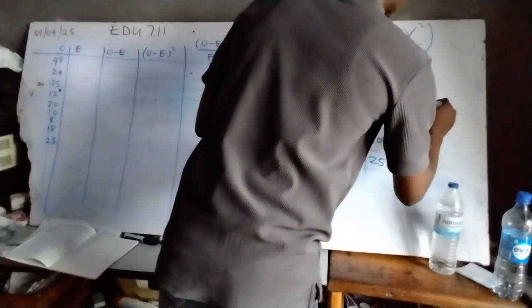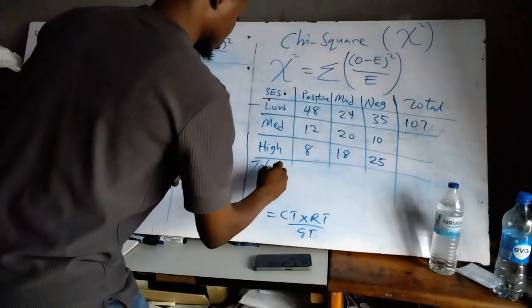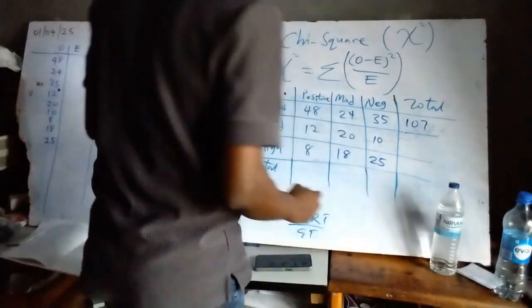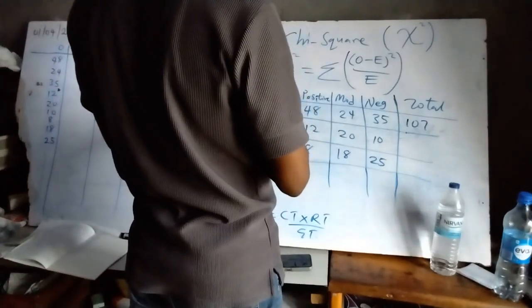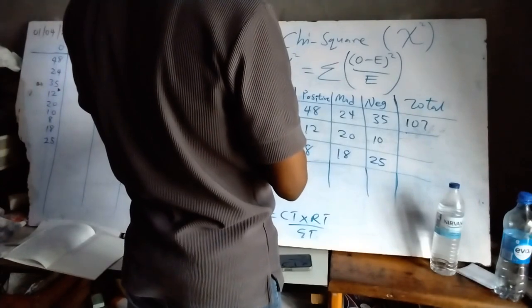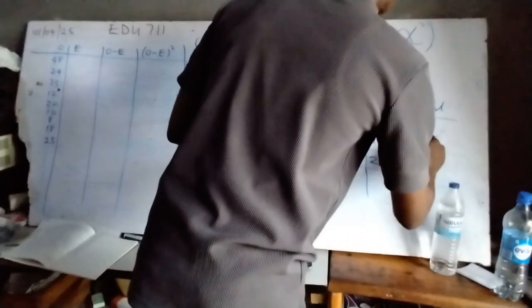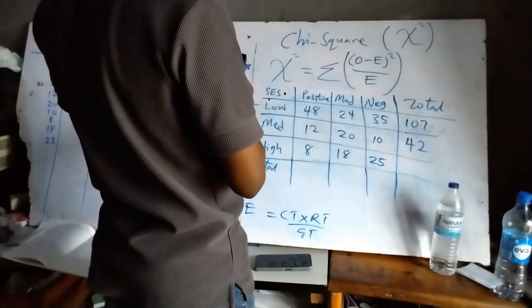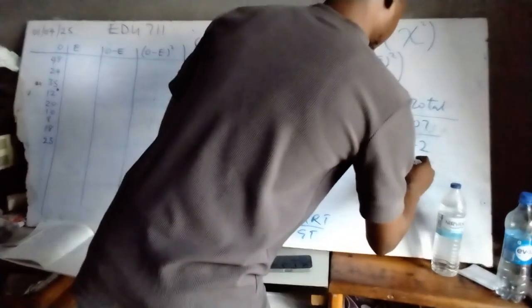We also have total here, that's the column total. So we also have 12 plus 20 plus 10, that's 42 here. And we have 8 plus 18 plus 25 here, that's 51.